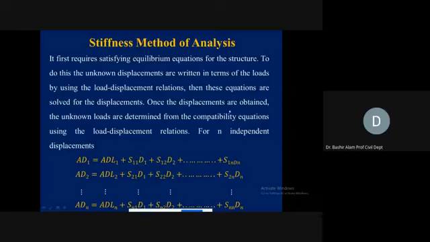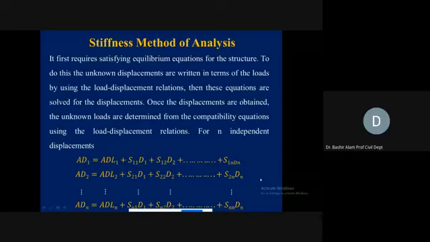So once the displacements are obtained, the unknown loads are determined from the compatibility equations using the load displacement relations. Now for n independent displacements, you can write AD1, AD2, up to ADN, as we develop the compatibility equations. And in these equations we are putting actions in equilibrium. So these are known as equilibrium equations.